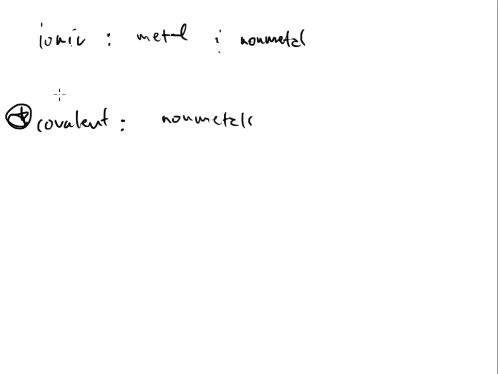All right. Another definition that they could have presented to you when you took general chemistry is ionic means a transfer of electrons, and covalent means a sharing of electrons. So what happens is that you have two atoms that come into the picture, and one of them says, you know what, I have too much to handle.